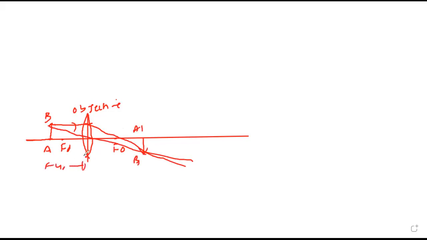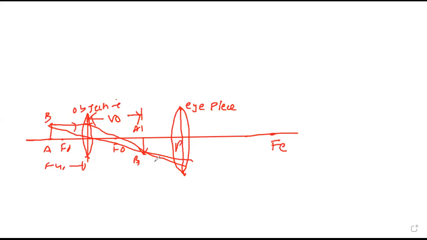Let U0 and V0 be the distances of object and image respectively. The eyepiece is adjusted in such a way that the object A1B1 lies between F and P of the eyepiece.